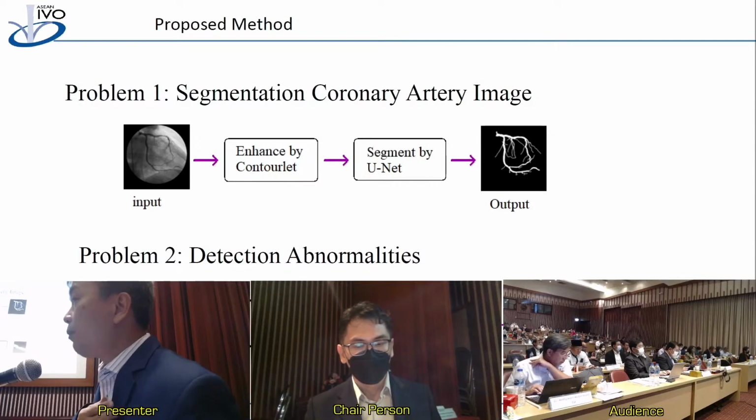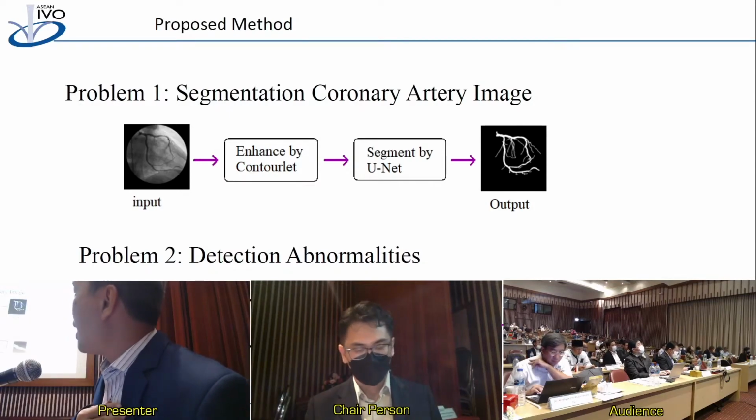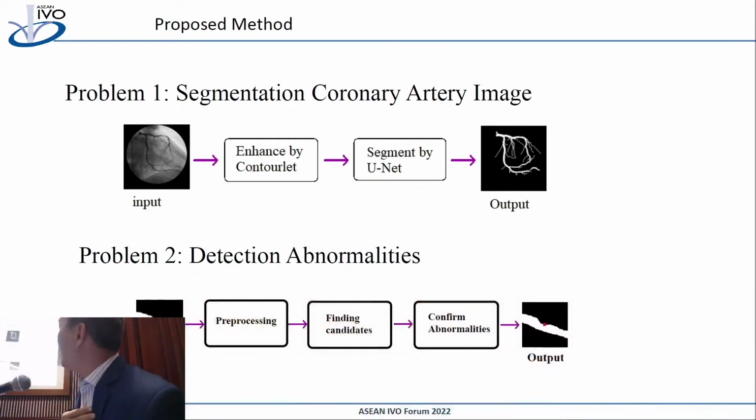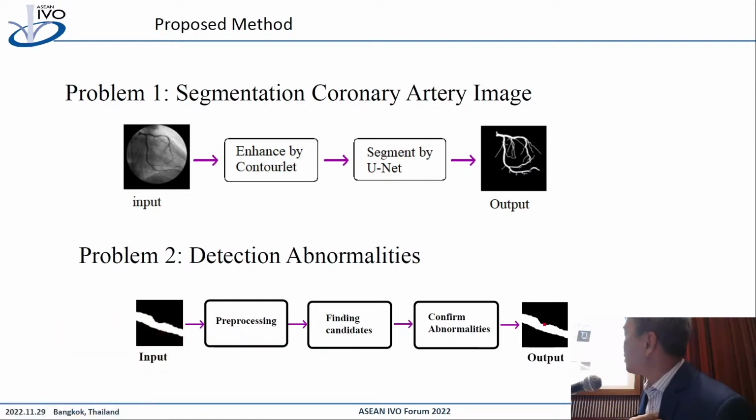From the problems, we suggest some methods. For problem one, in the coronary artery image, the contrast is the same for the vessel and around the vessel. It's near the heart, so this is a problem. It is difficult to segment.